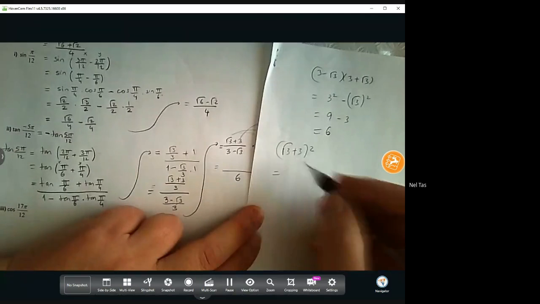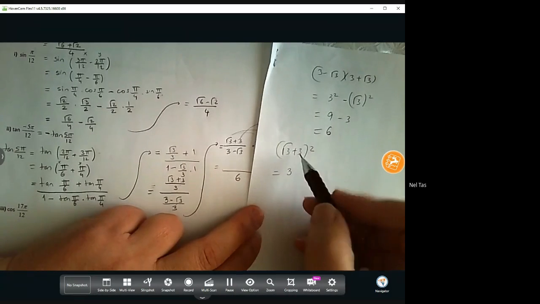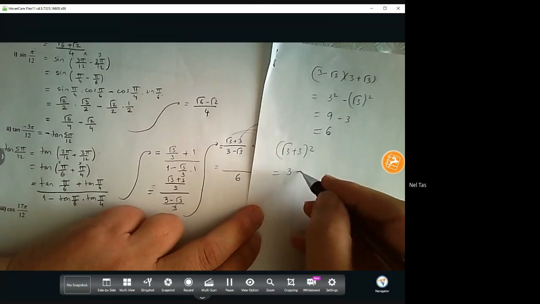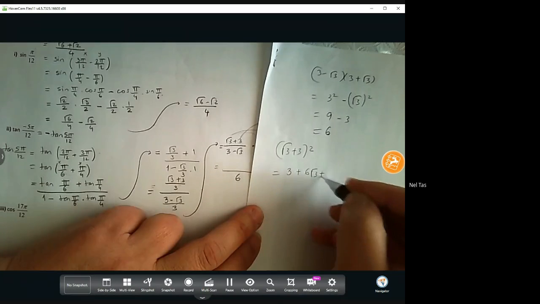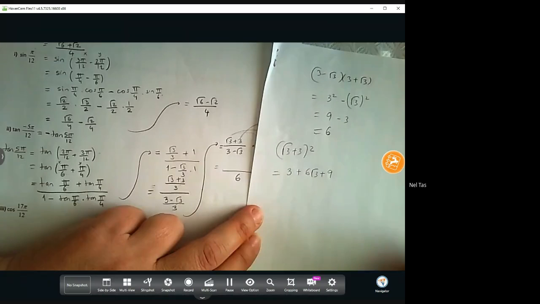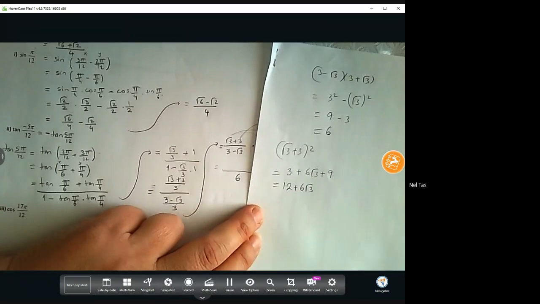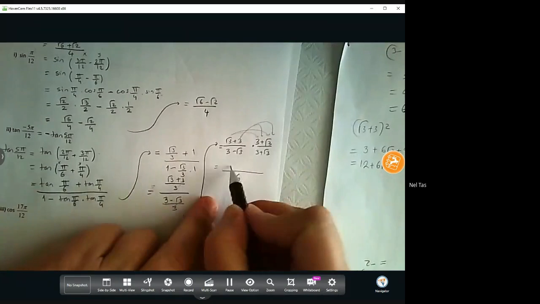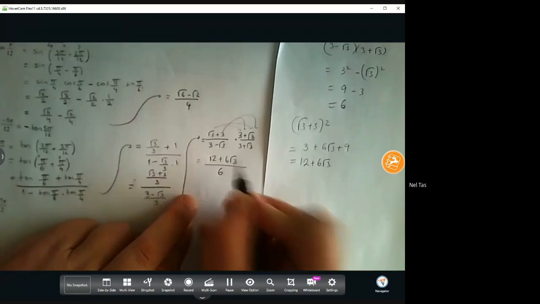So I'm going to use a shortcut: take the square of the first term, 3, then multiply first and second, multiplied by 2, so you get 3 root 3 times 2, 6 root 3, plus the square of 3, 9. This will give you 12 plus 6 root 3.